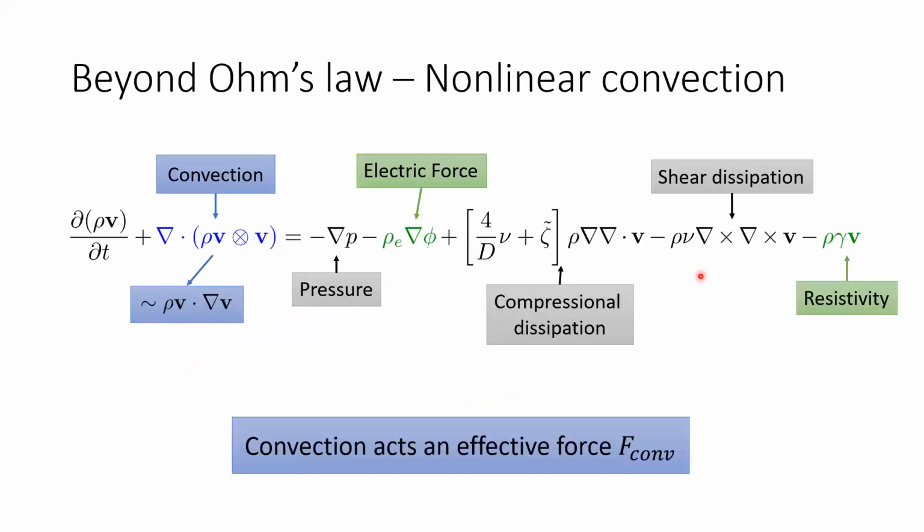So let me remind you of how the Navier-Stokes equation looks. On the left here, you have this dp/dt term, momentum derivative, and then on the right you have the collection of forces that act in this momentum equation.